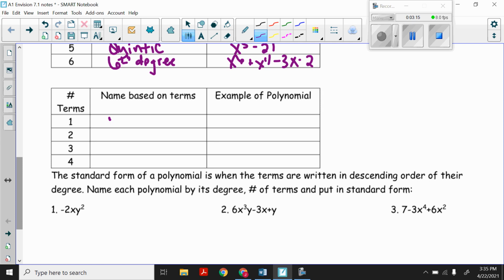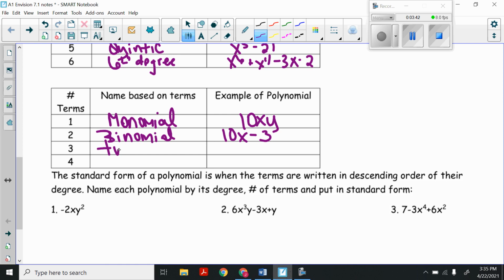If it only has one term, that is referred to as a monomial. An example of a monomial, 10xy. If it has two terms, it's referred to as a binomial. So 10x minus 3 is a binomial because I have two different terms. Your terms will be in between either addition or subtraction signs.